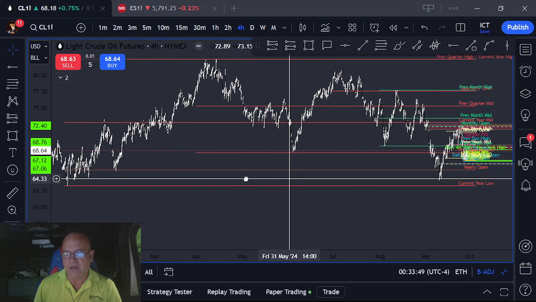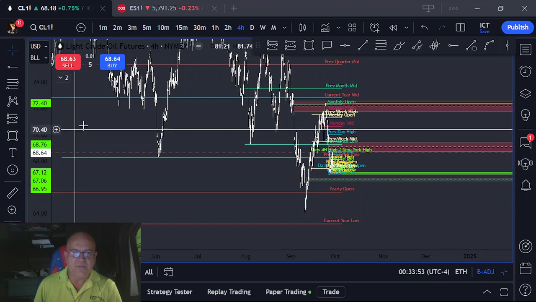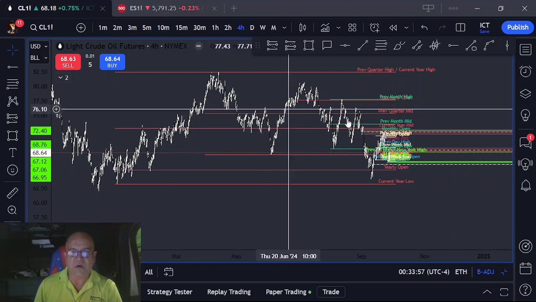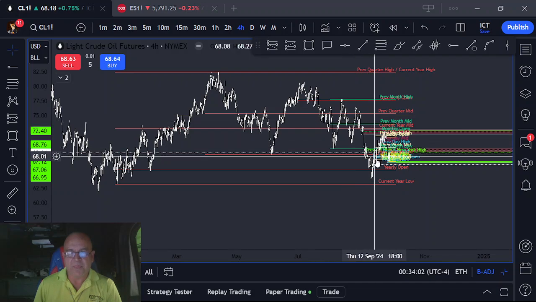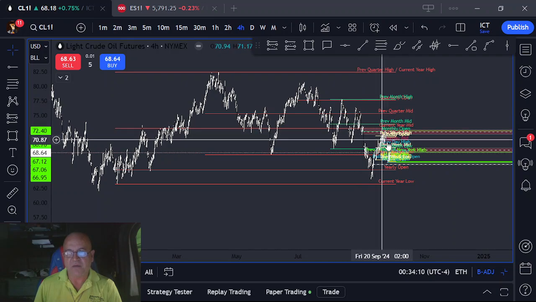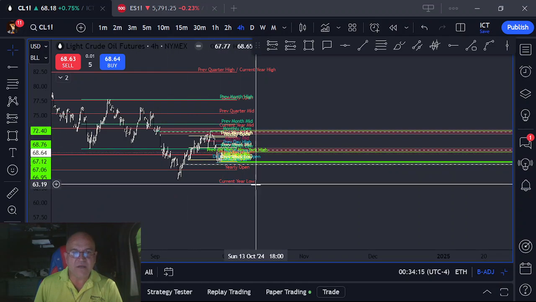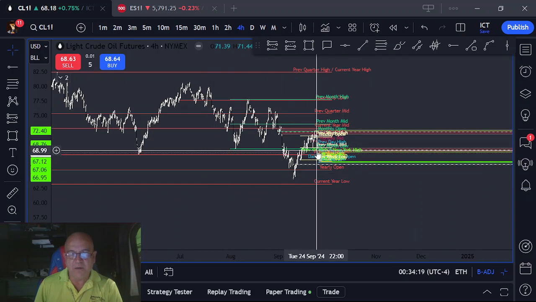And then we bounced up into, okay, so number one, this is a 4-hour chart. 4-hour chart is bearish until we get a reversal signal, and that would be breaking structure up here. So we are bearish in a bearish trend, holding very well.